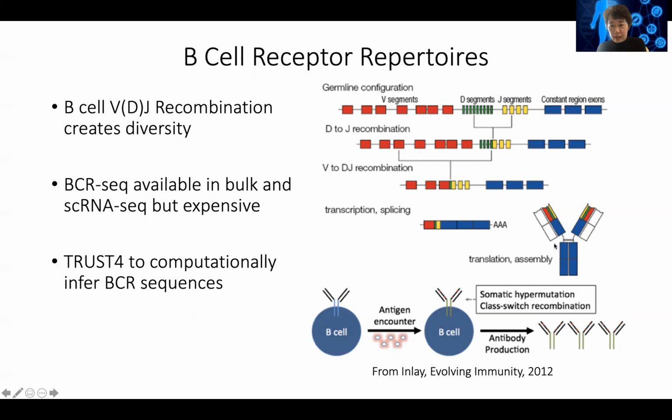When it's expressed on the cell surface, it's called a B cell receptor. But it can also be released from the cell surface, and then it will be an antibody. So B cells produce antibodies for a human.